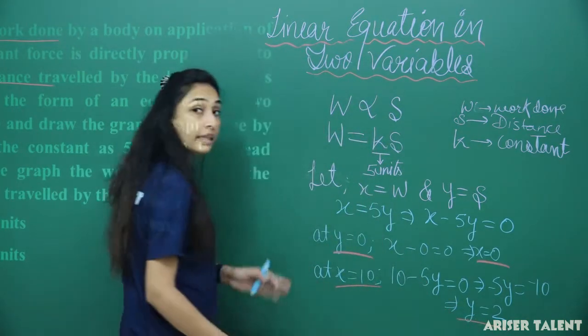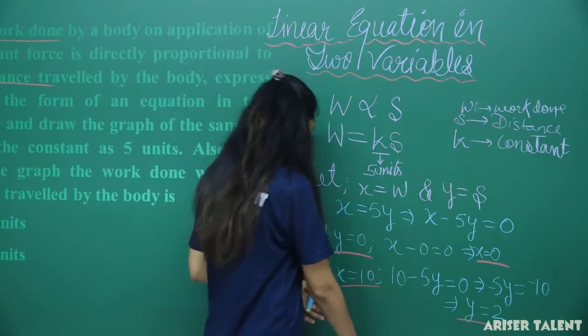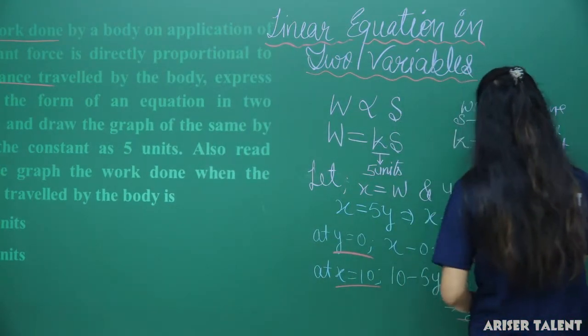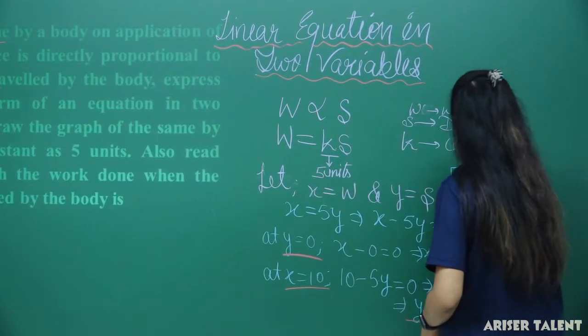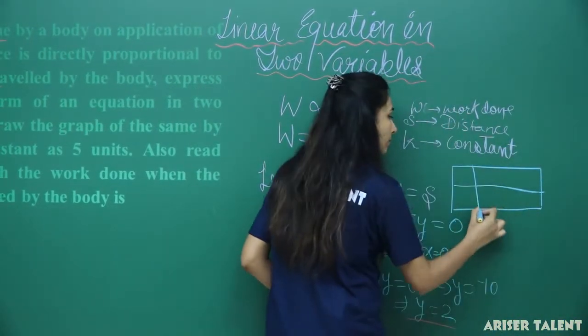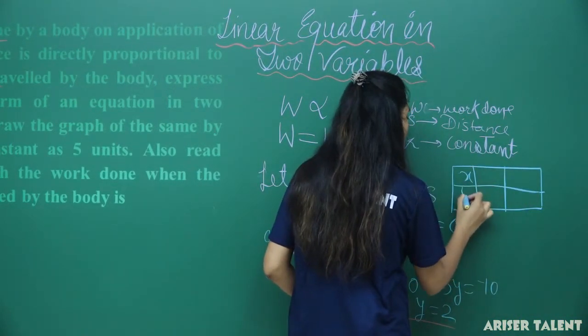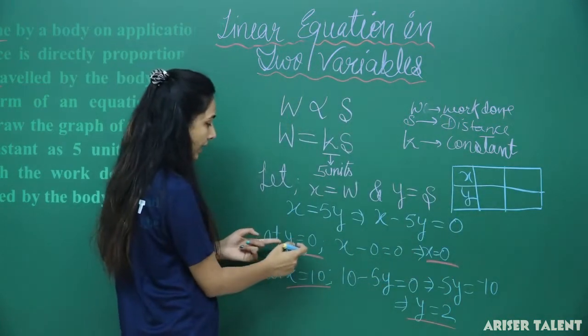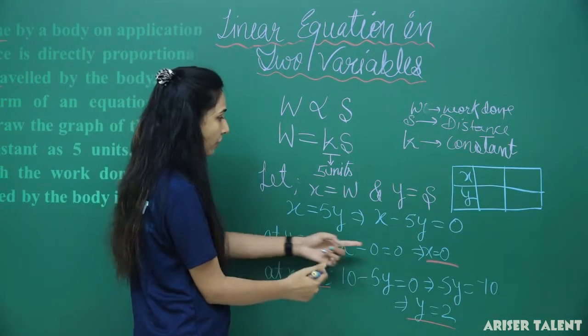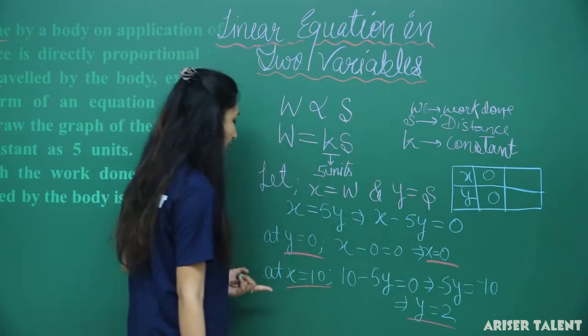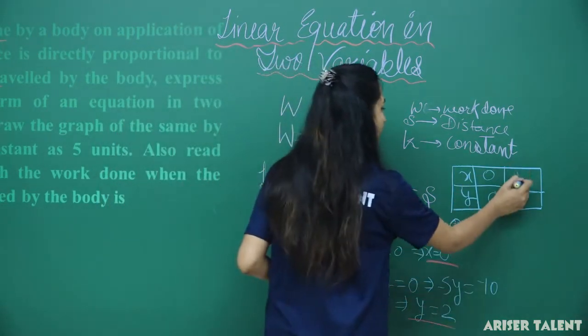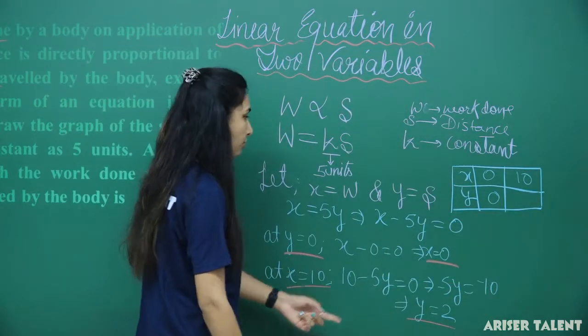That means, students, if I draw the table of that, let's suppose this side I am drawing this table, value of x and y. So value of x was 0 and y was 0, so 0 0, and value of x is 10 here and y is 2 here.